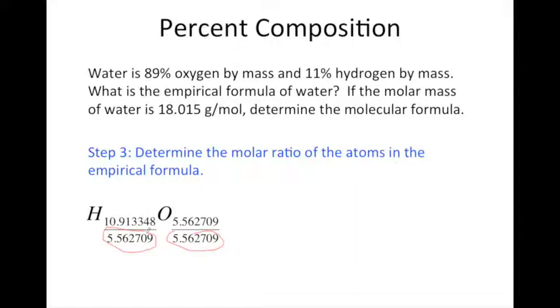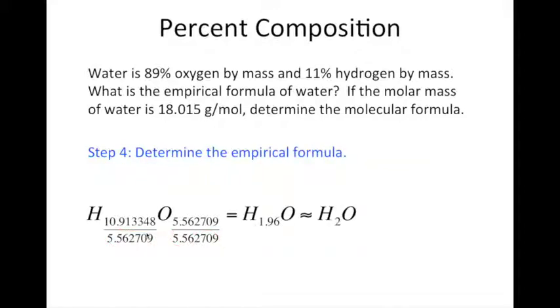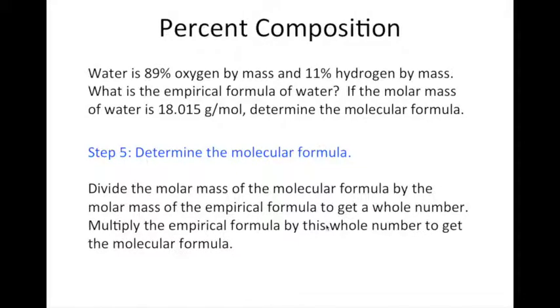And we do this to get the simplest whole number ratio in order to get our empirical formula. So when we do that, we get H about 1.96 and O 1. So that rounds out to about H2O, which of course is the empirical formula for water.